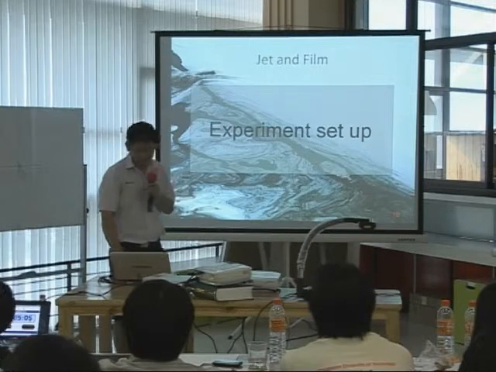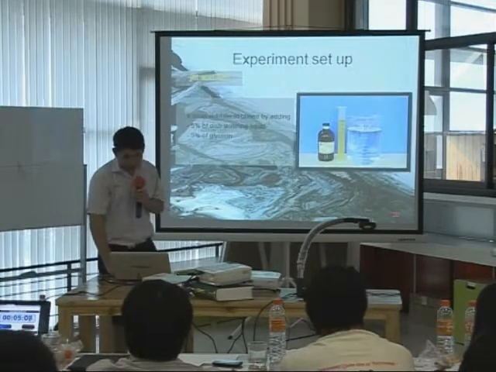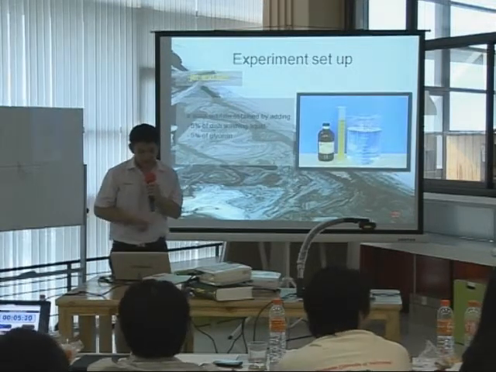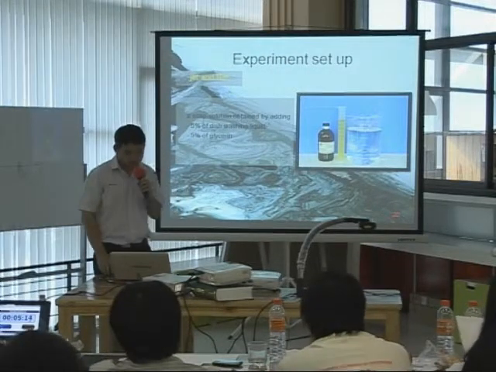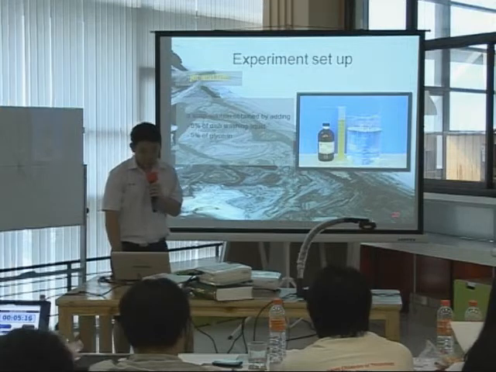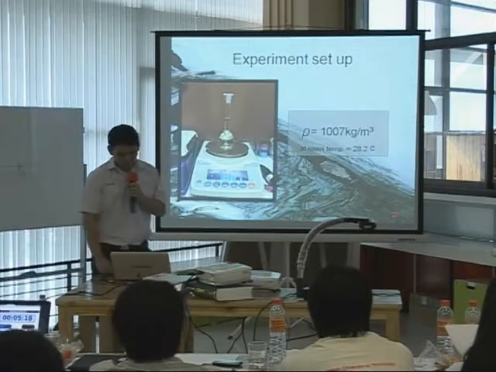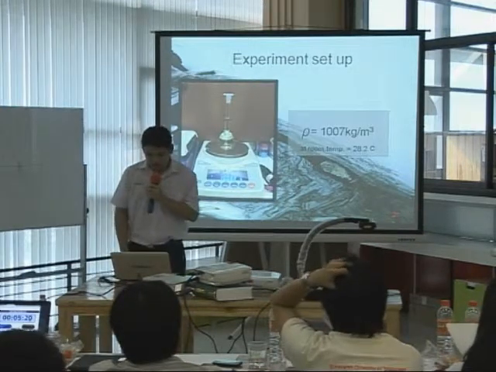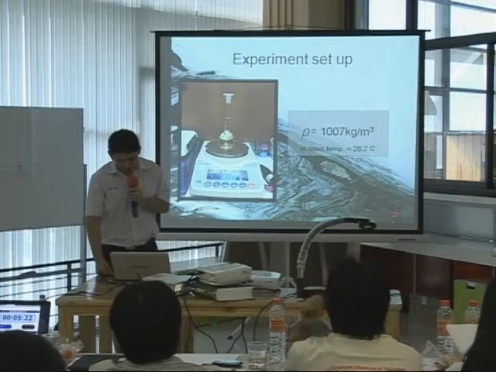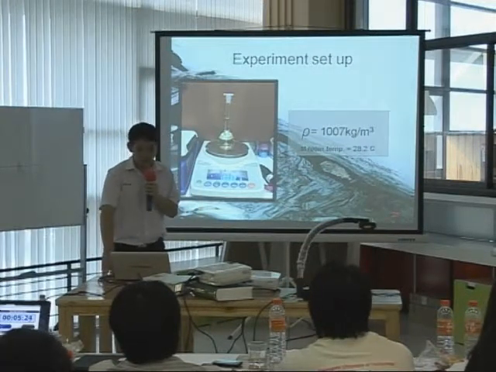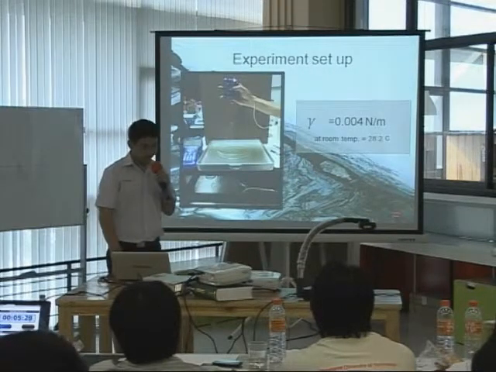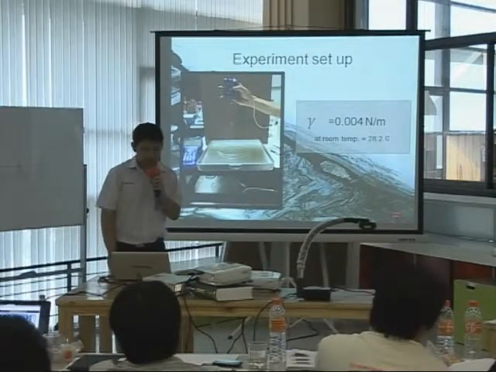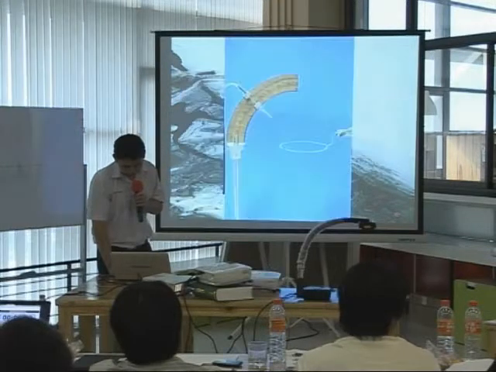Okay, for my experiment, for the solution, I use a soap solution obtained by adding 5% of dishwashing liquid and 5% of glycerin. The density of the solution is 107 kilograms per cubic meter, and the surface tension is 0.004 Newton per meter.